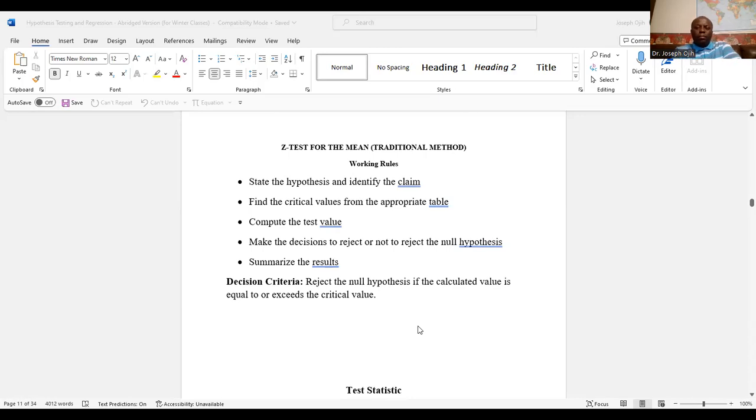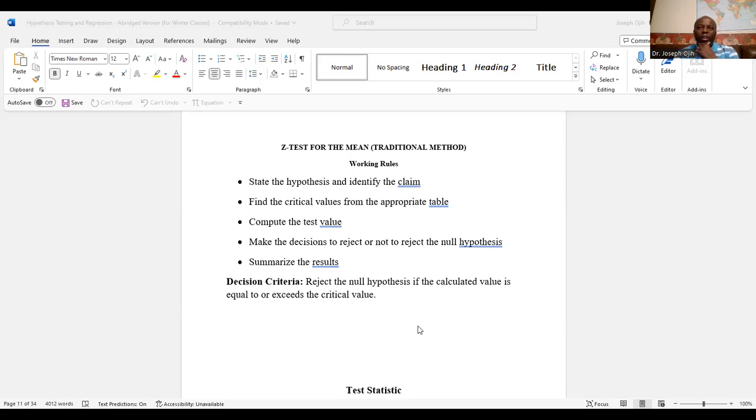There are two major ways, actually three, but we'll focus on two ways. We have the z-test for the mean, the traditional method, z-test for the mean, the p-value method.